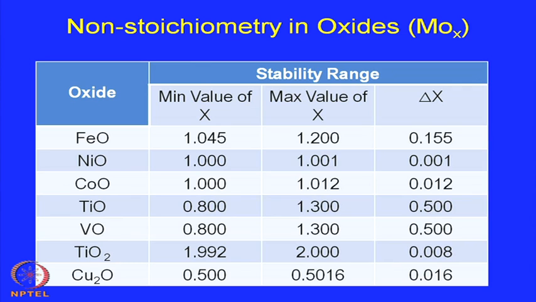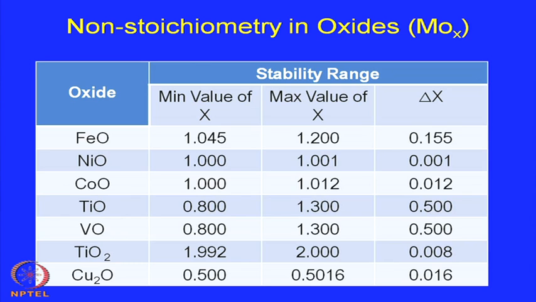Normally, as per the formula, it should have been 1, but in actual practice it may vary from 1.045 to 1.2, which is quite a large deviation. All the time it is more than 1, which means oxygen is more than 1.